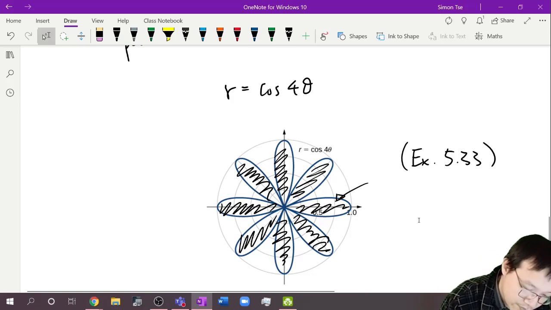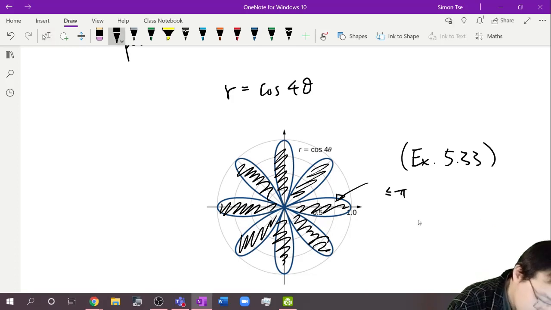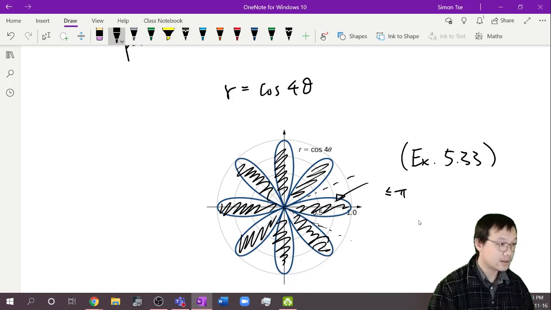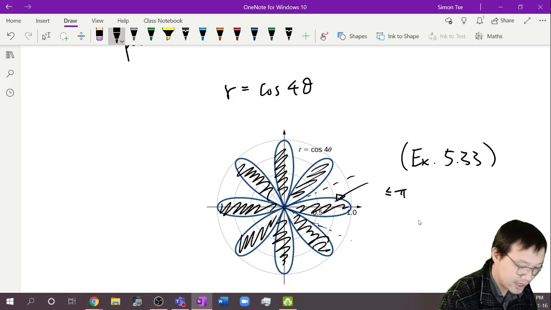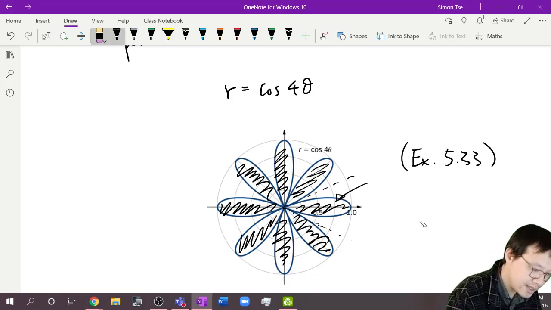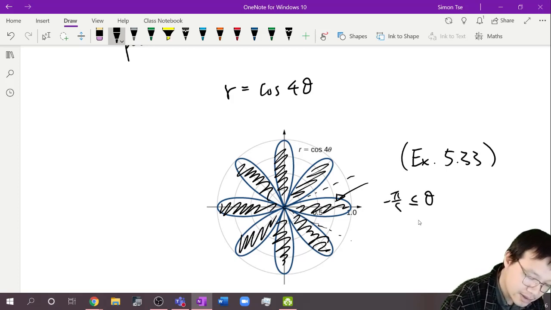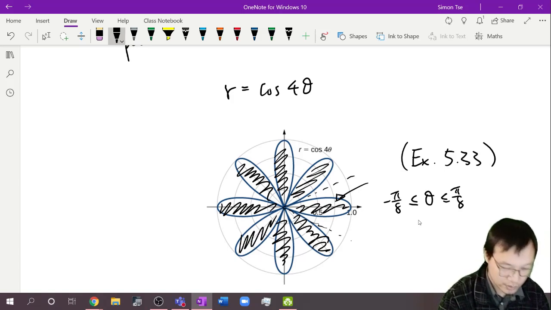And this first petal, it's a symmetric domain in terms of theta. You have this theta between minus pi over 8 and positive pi over 8. Okay, so it's half of pi over 4.